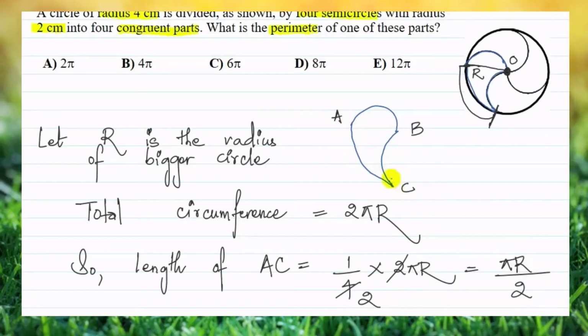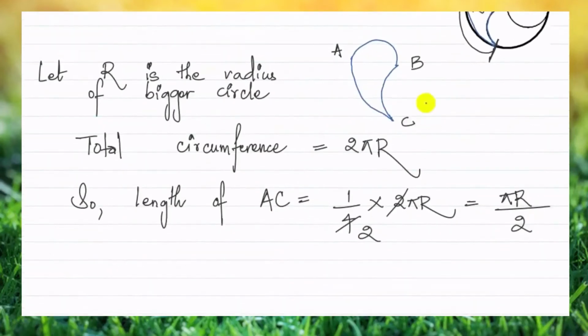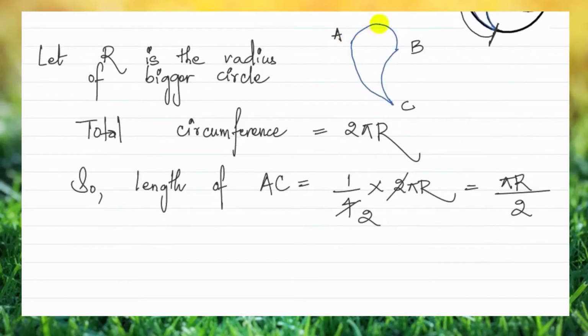Now I need to find BC and AB. BC and AB are both the same semicircles. So if I find the length of one semicircle, then the other is the same.